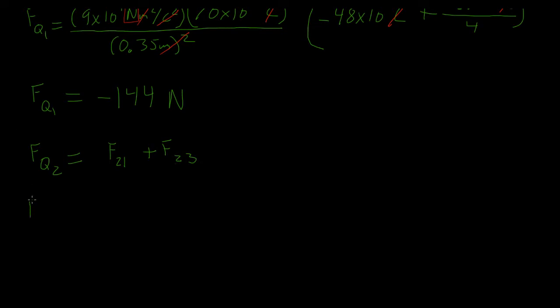And again, we're just going to use Coulomb's law. So the force between 2 and 1 is going to be K times Q2 times Q1 divided by the distance between them squared, and then we will add K, Q2, Q3 and divide that by the distance between them squared.